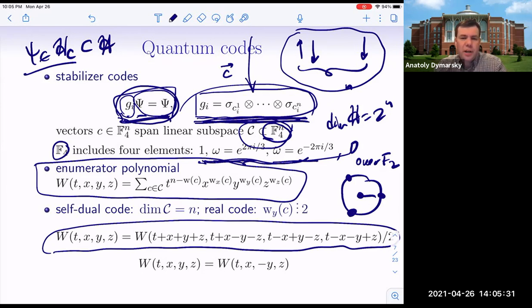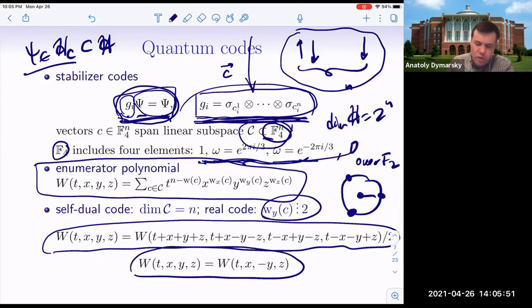And to demand that they're real valued, the only matrix which is complex in the Pauli algebra is sigma y. So to have real valued matrix, you need to say that there are 2 or even number of sigma y's. And for that reason, the number of sigma y's should be even. And then there is the simple identity, which literally tells you that the number of sigma y's in every generator is even. So you have these 2 identities.